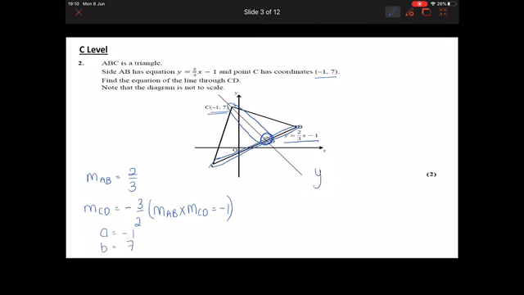We can then use that in y minus b equals m(x minus a) to find the equation of the line CD. So we've got y minus 7 equals the gradient, which is negative 3 over 2, (x minus a), so minus 1. I'm going to work through the stages, starting by simplifying that double negative, so I end up with x plus 1 in my brackets.